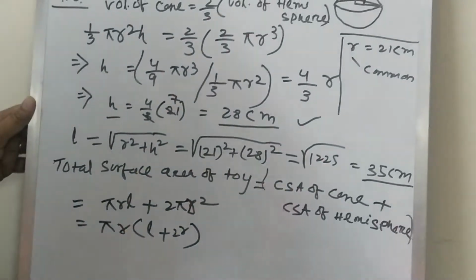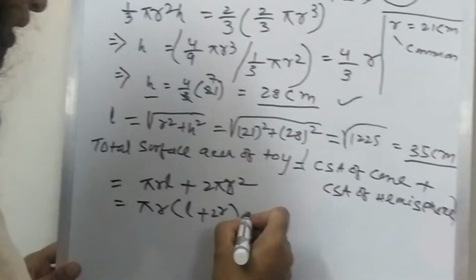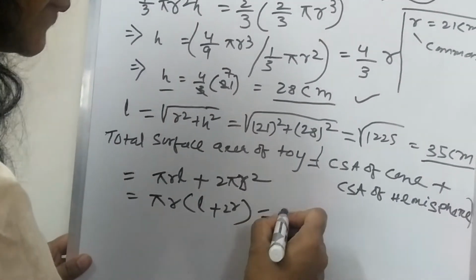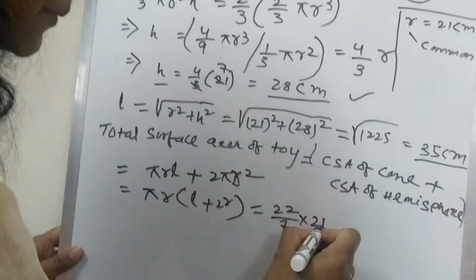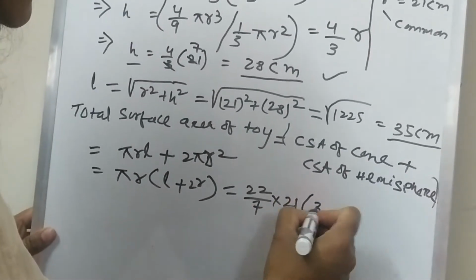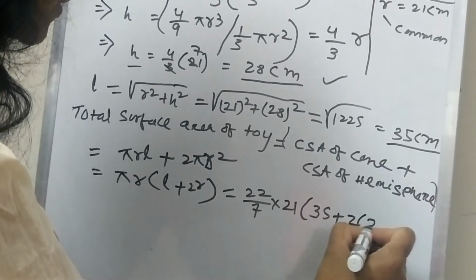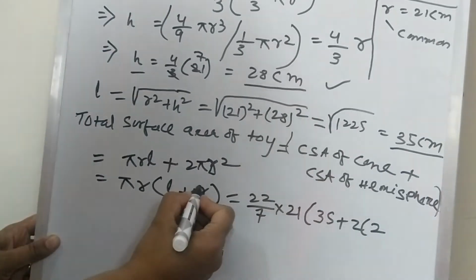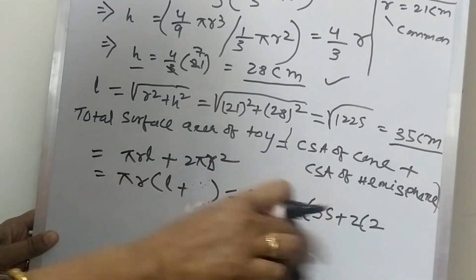Now put the value of L and r, the value of everything. You will get 22/7 multiplied by 21, times (35 plus 2 multiplied by 21), because this is 2r. I am writing properly.